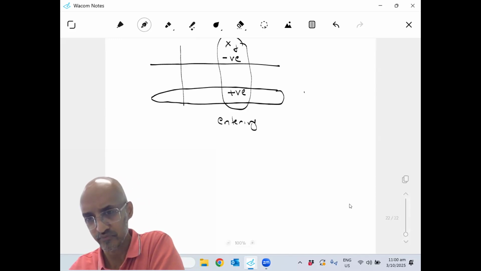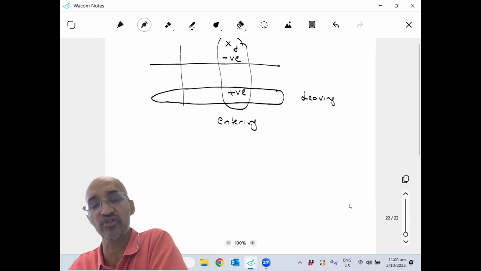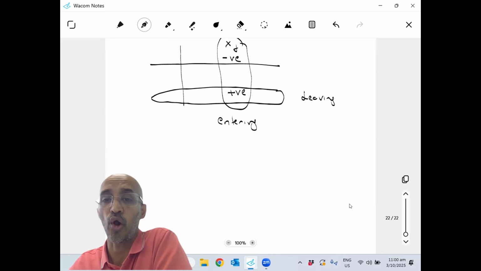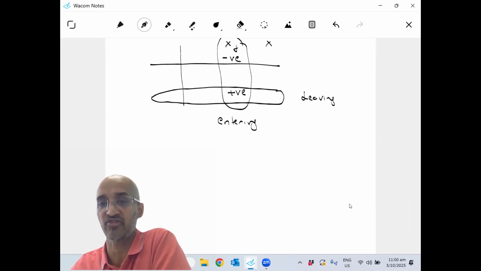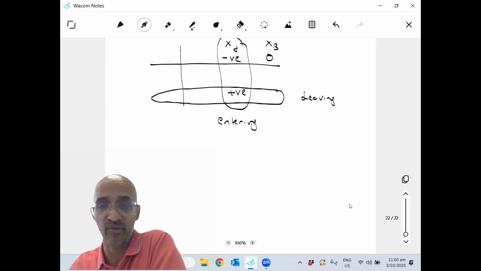Something left, the leaving variable. This is a non-basic variable that enters my basis. All the remaining basic variables will always have a zero reduced cost. And there will be some entries here basically.